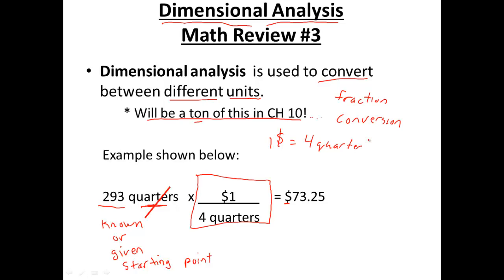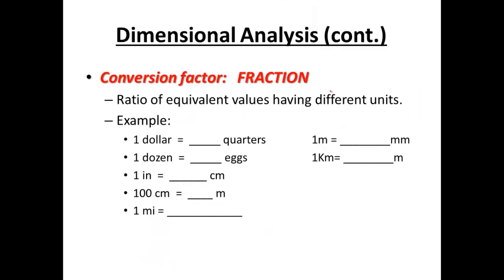So quarters unit on top and quarters unit on bottom can cancel each other out, leaving us with our new desired unit, dollars. So in dimensional analysis, we're going to need to know these conversion factors. There are a lot of conversion factors out there, one thing equal to another. Some examples we just did: 4 quarters equals $1.